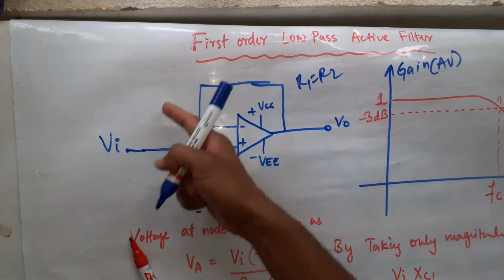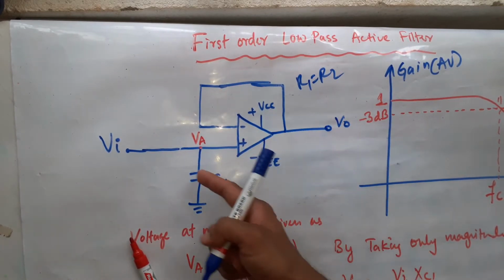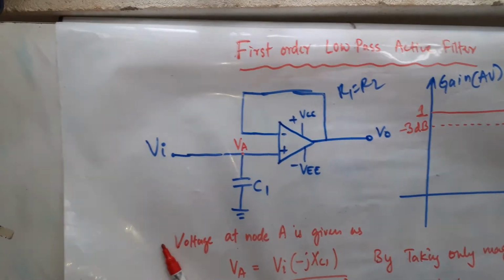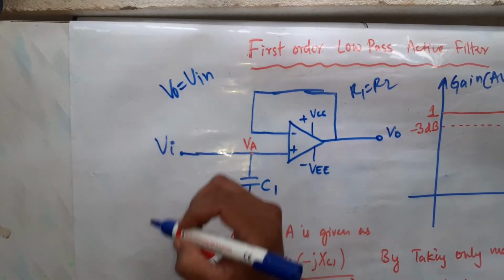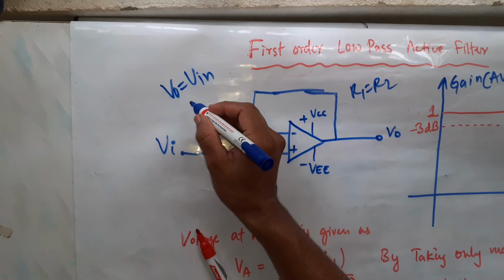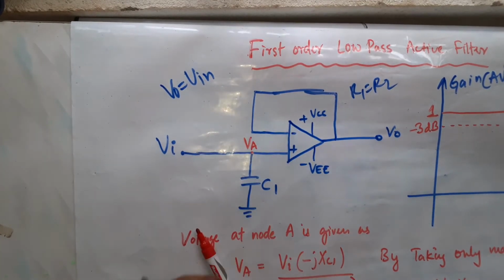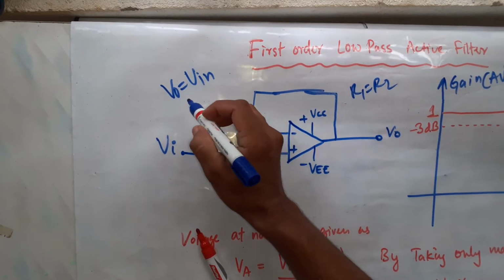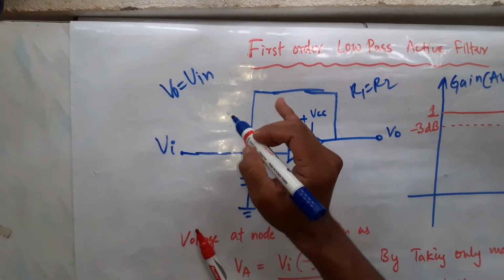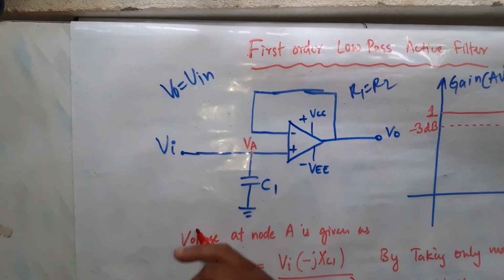And this circuit is called as voltage follower circuit. What is voltage follower circuit? Voltage follower circuit is a circuit where output is equal to input. Where output of the op amp is equal to input of the op amp. No change in the gain. When there is no change in the gain, we call it as voltage follower circuit. And for that, there will not be any feedback resistance.